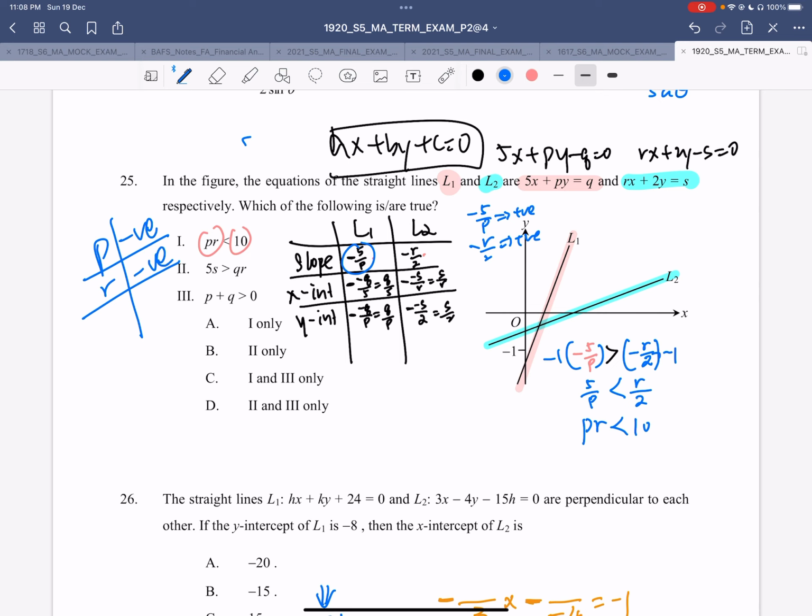And then Q, let's look at the x-intercept of L1. Q over 5, the x-intercept of L1, is positive. So Q should also be positive. Okay? And then for S over 2, the y-intercept of L2 is negative. So S over 2 should be negative. S should be negative. Alright?